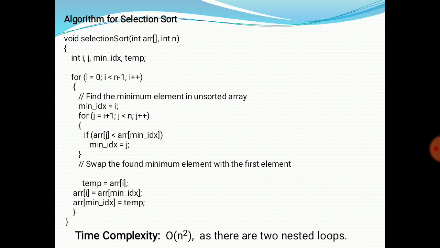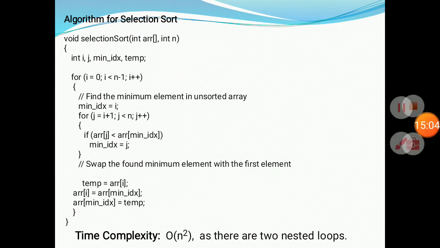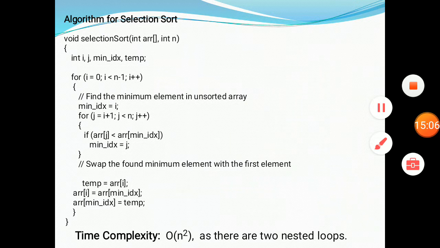So in this way, the whole program executes n into n times, that is n square. So we can say that the complexity of this algorithm is order of n square. So this is all about the selection sort process.